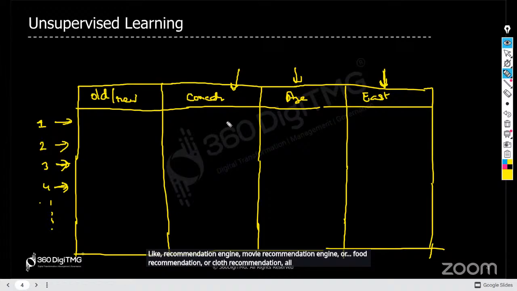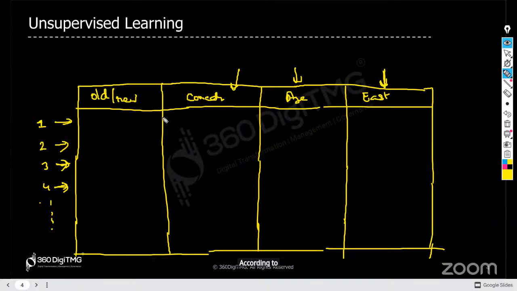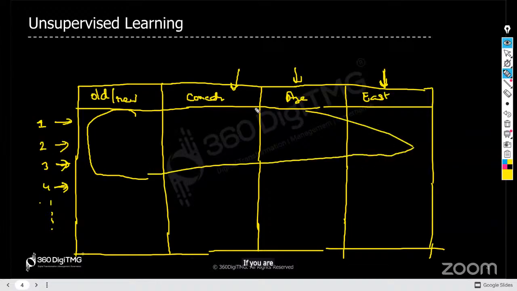All this works on this phenomenon. It will cluster the people according to the data that we have. If we have similar data, we will cluster those people.